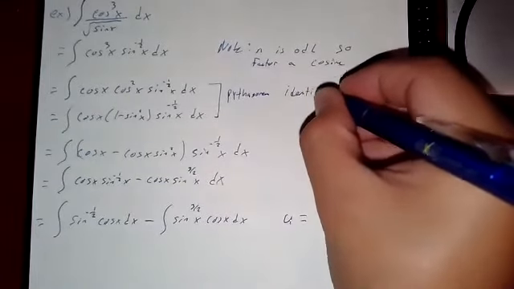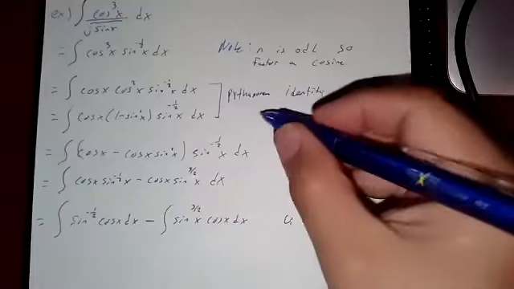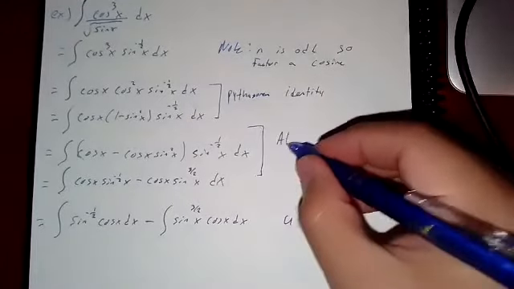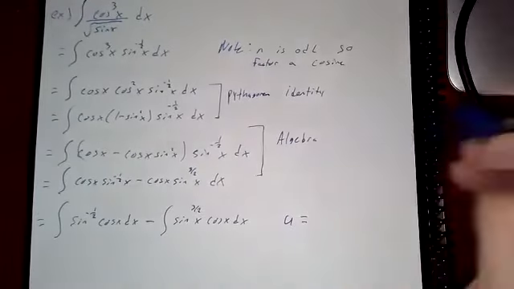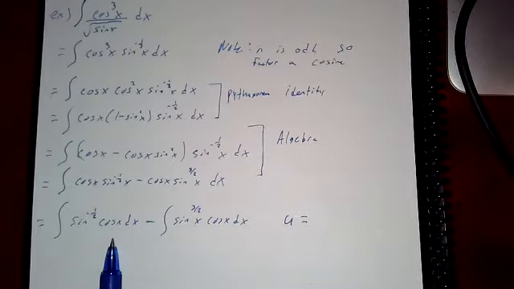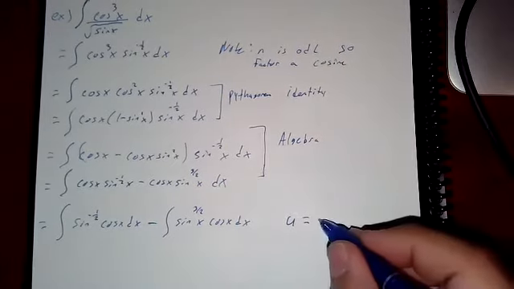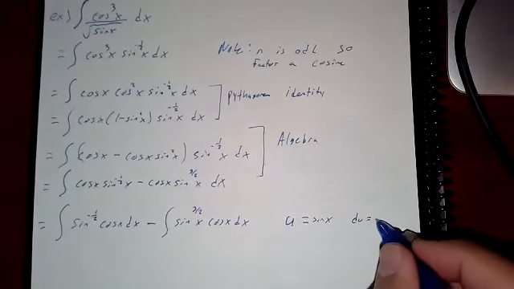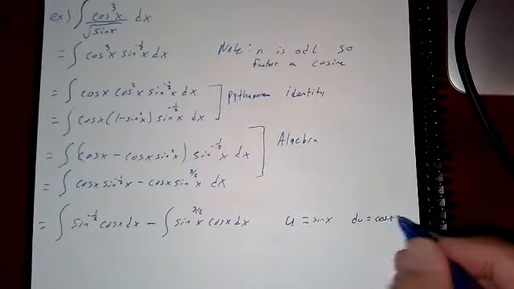And there's some extra notes here for you. You guys forgot, right? You want to get rid of the hard stuff and make sure the du is there, right? So sine will be the u, du will be cosine, right?